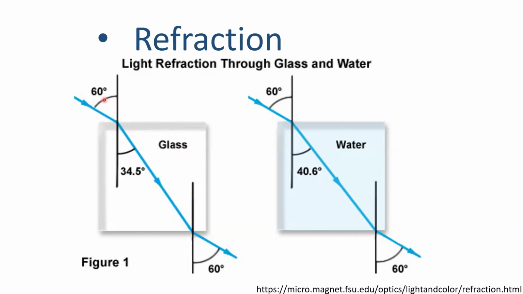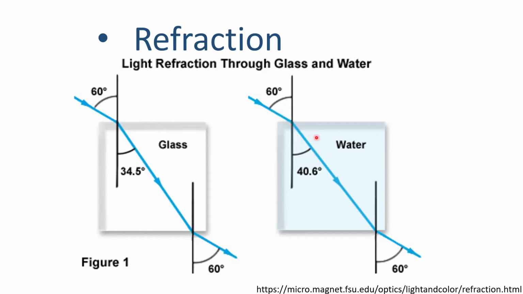But we have the same angle of incidence here, and in a different type of medium, the light beam is going to bend away from the normal, or it's going to bend towards the normal a little bit less.